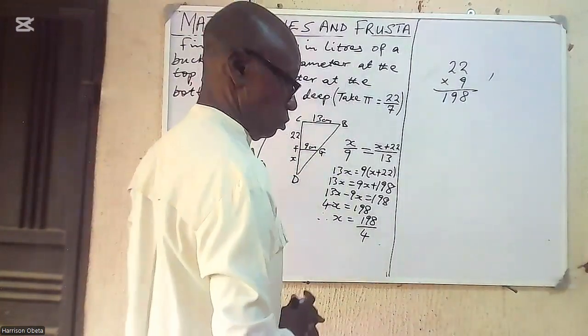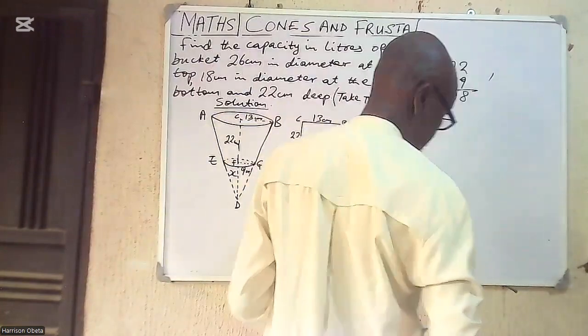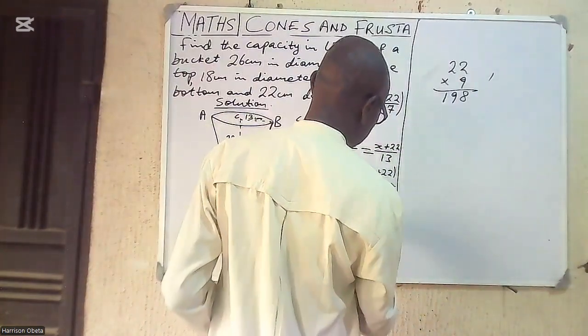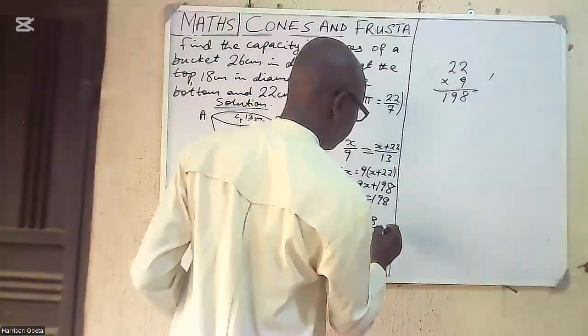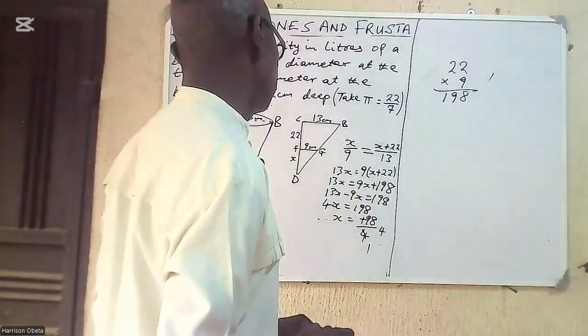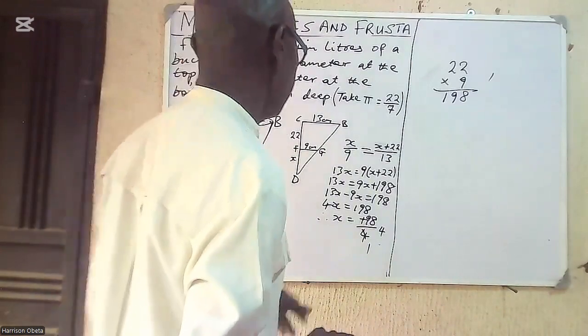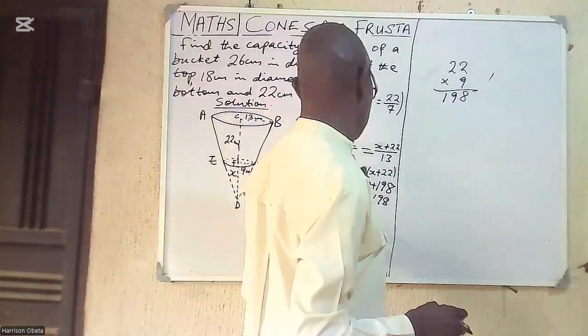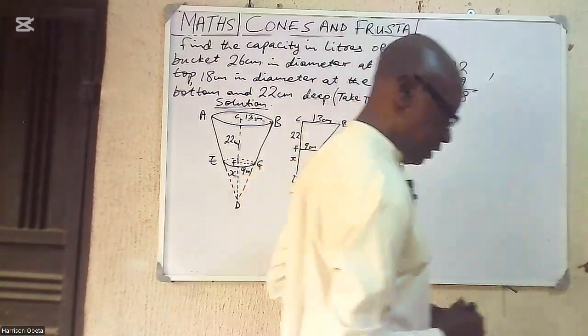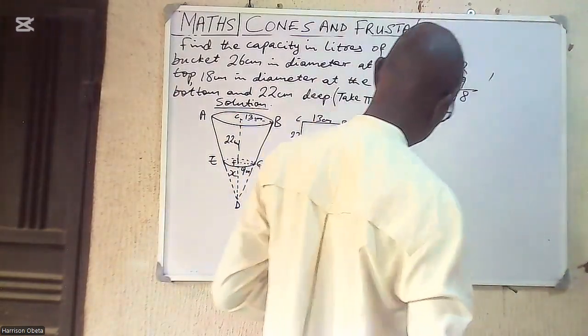And then you divide it. 198 divided by 4: 4 into 19 is 4, that's 16, remainder 3.